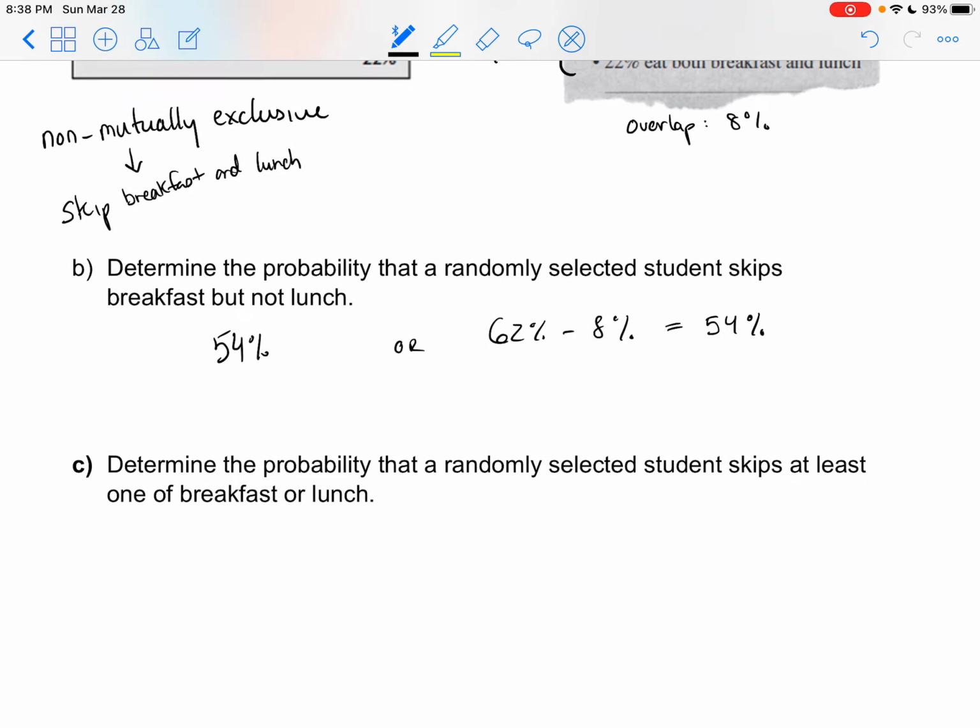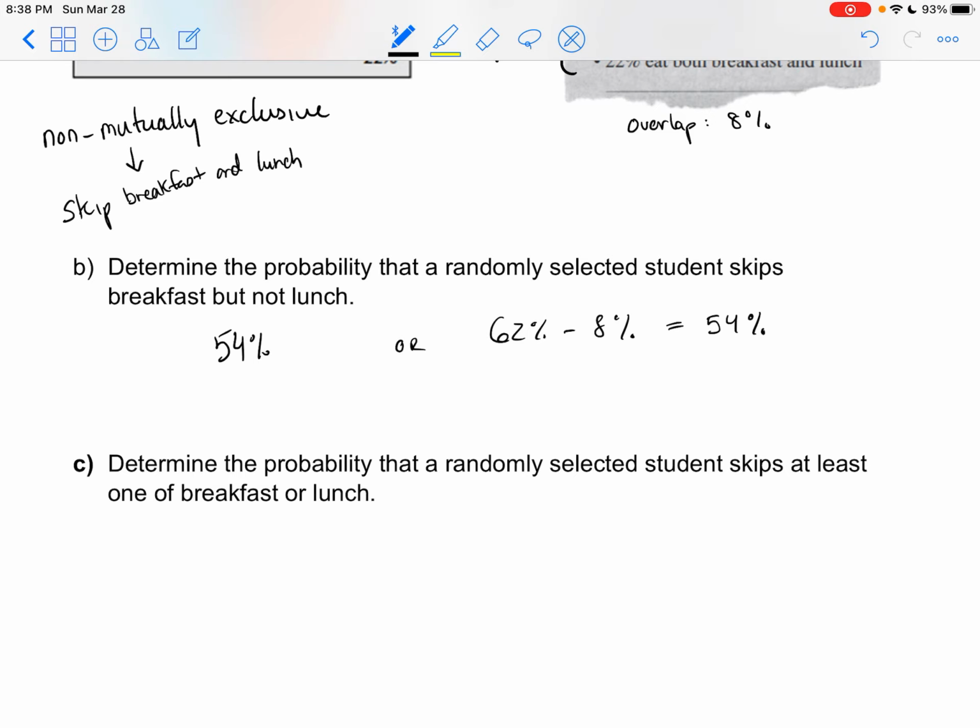And then part C says, determine the probability that a randomly selected student skips at least one of breakfast or lunch. So at least one of, which means they could do both. So that is skip breakfast or lunch or both. So that's a union, right?